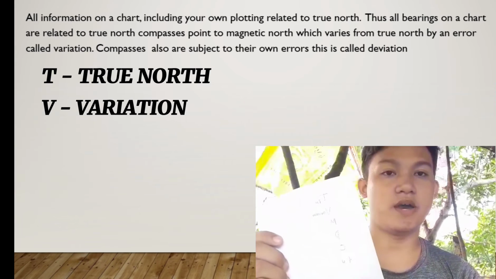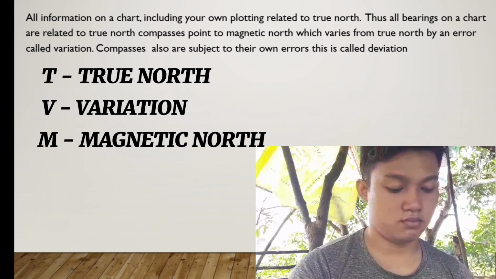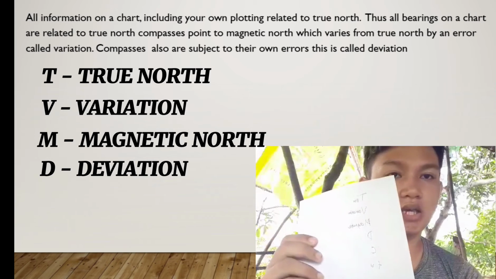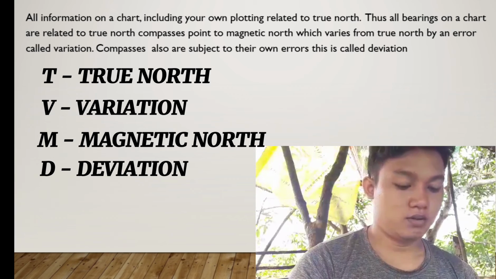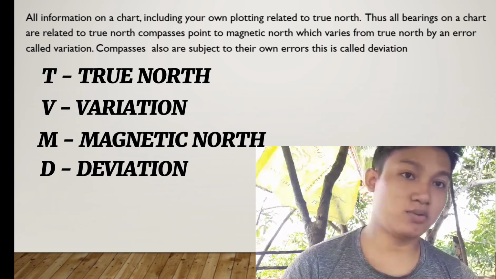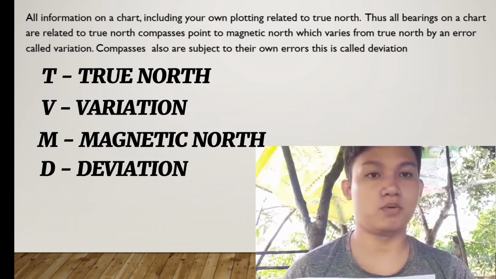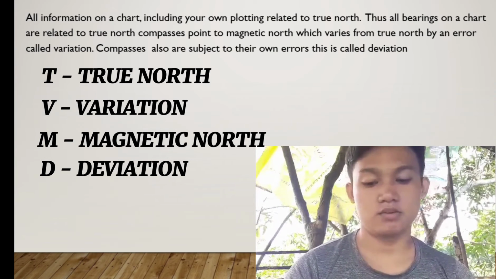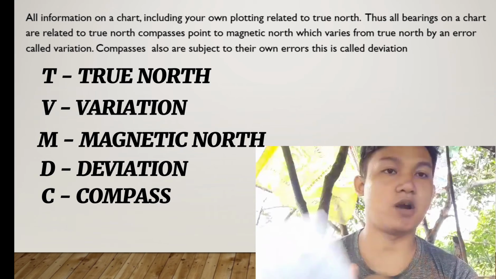M stands for magnetic north, and D stands for deviation. The deviation is created by electromagnetic equipment or some tools and metal in your ship. And C stands for compass.